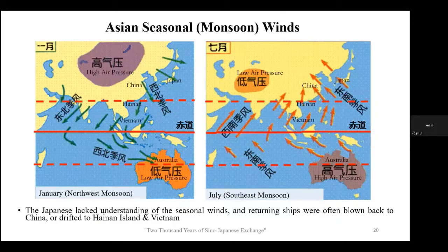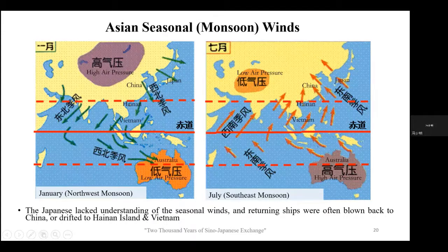So a little bit more on the geography for the Asian monsoonal winds. You can see on the left, which is the northwest monsoon in January, the winds typically flow from the high air pressure areas in mainland Asia, through India, through China, outwards towards Japan, towards Australia.